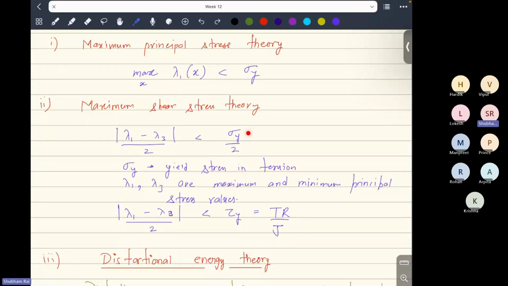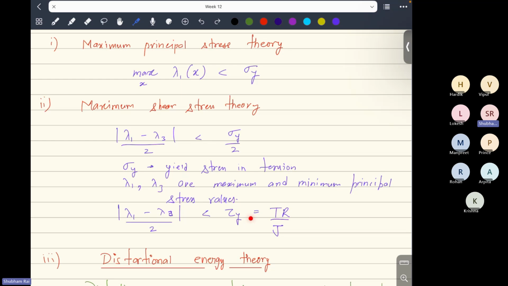So you can compare the maximum shear stress in a material in any configuration subjected to a three-dimensional state of stress to this maximum shear stress obtained from the uniaxial test, and then you can also obtain a maximum shear stress directly from the torsion test, and that value is tau y. You can compare from there as well.